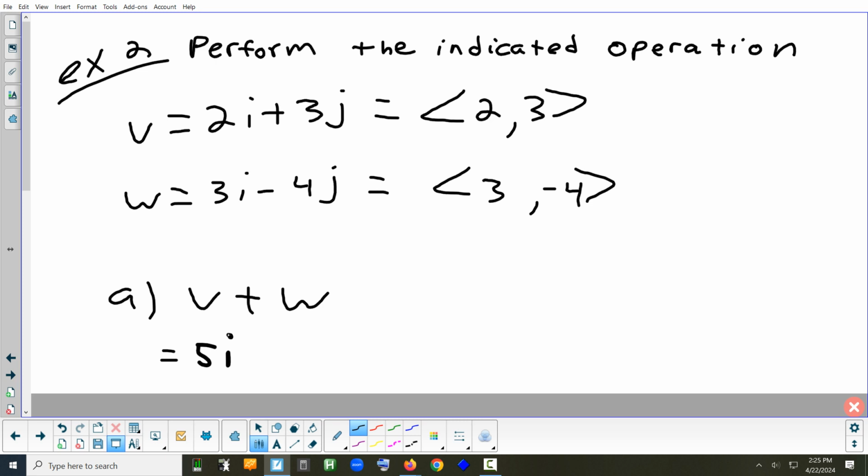Negative 1j. Yeah, you could put negative 1j, or you could just put negative j. That's fine. Or if you wrote it this way, what would be the two numbers? Negative 1. Yeah, now you have to put the negative 1. If you don't, there's nothing there. Yeah, and that's how you add the two vectors together.